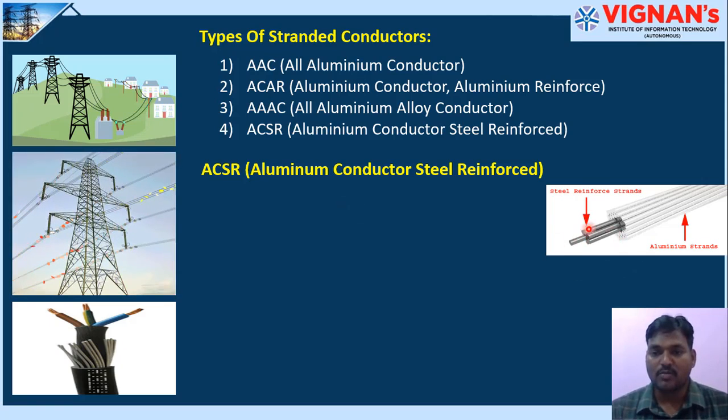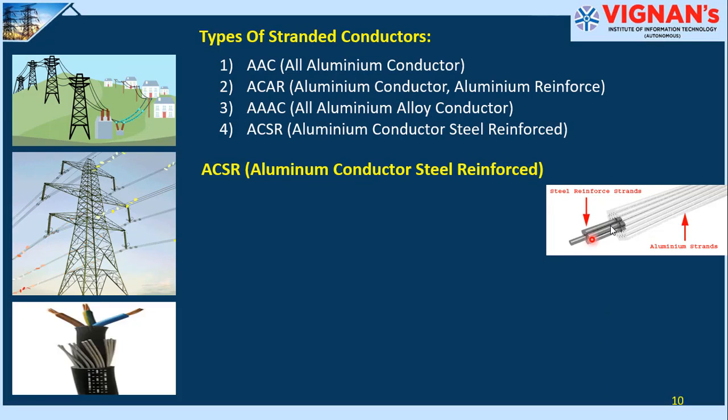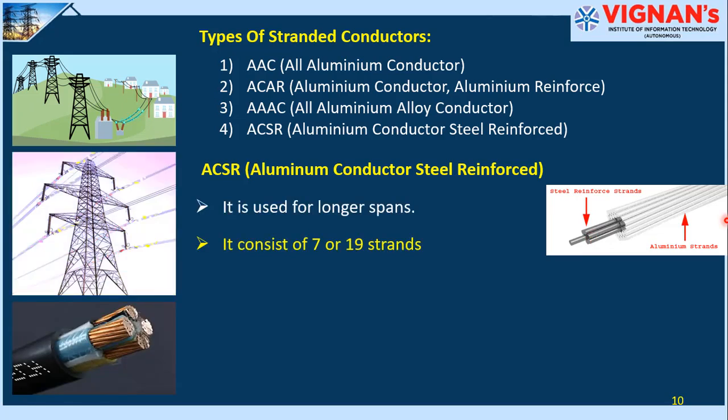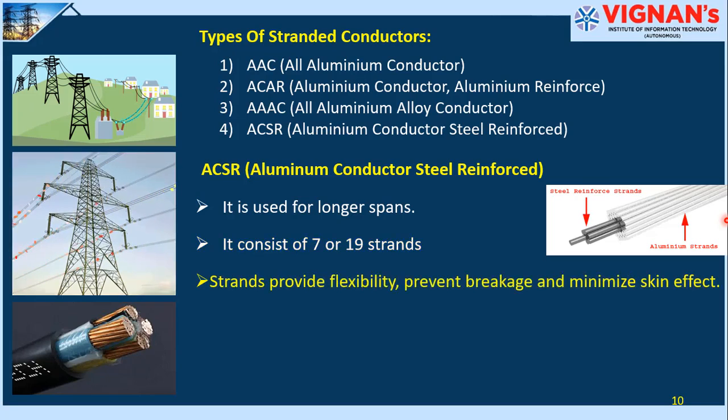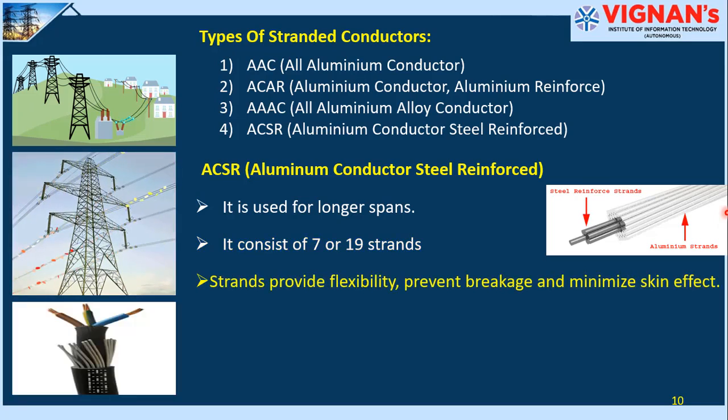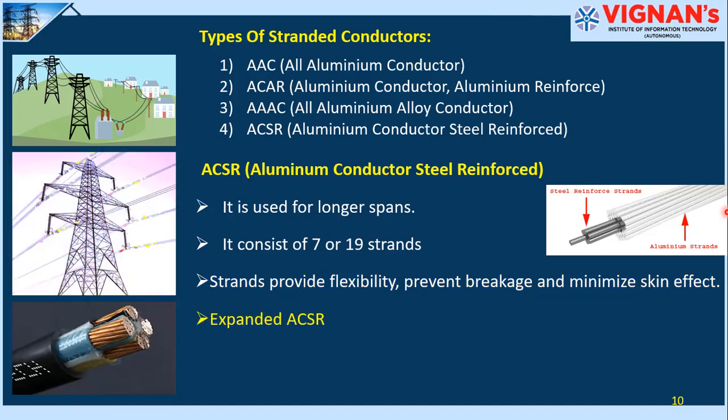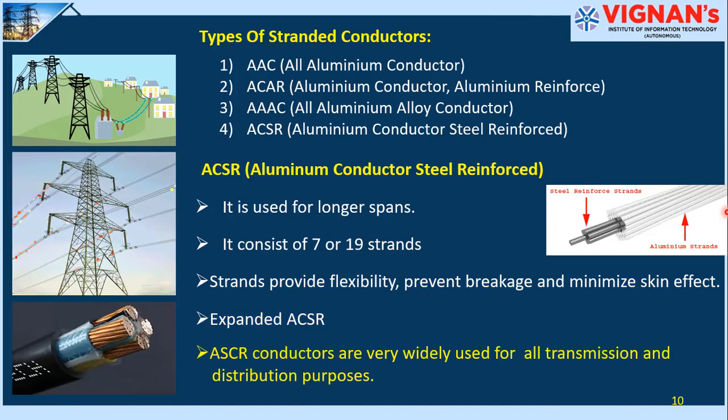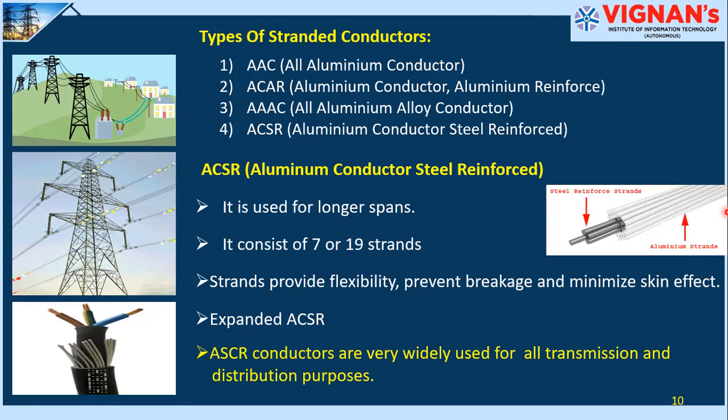The core is made up of steel reinforced strands and the outer ones are the outside stranded aluminum conductors, and the core is made up of steel, generally 7 to 19 strands. Strands provide flexibility and they prevent breakage and they minimize the skin effect. Next is expanded ACSR, all the ACSR conductors which are widely used for all transmission and distribution systems.